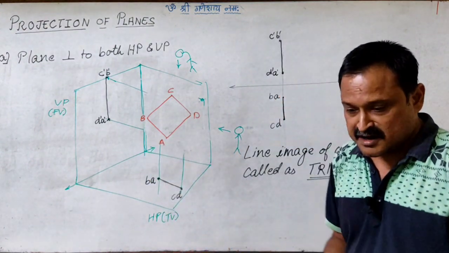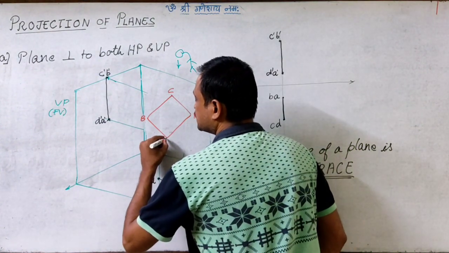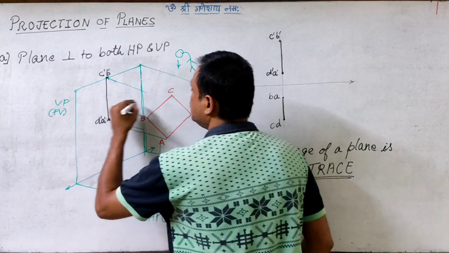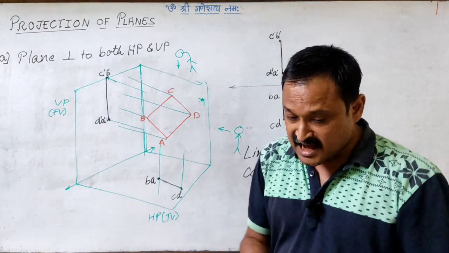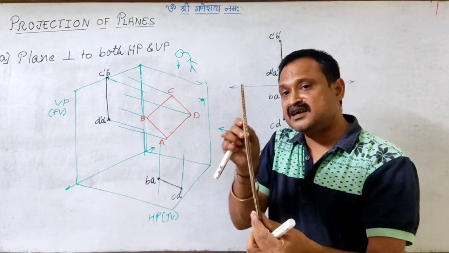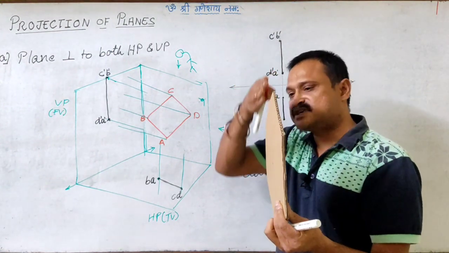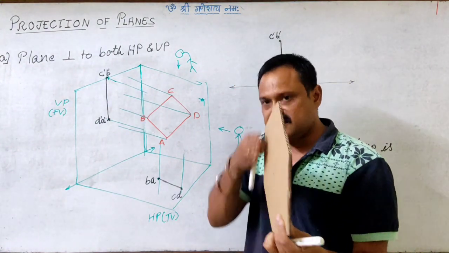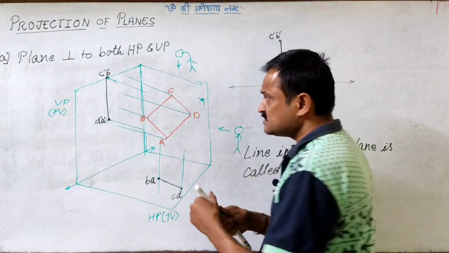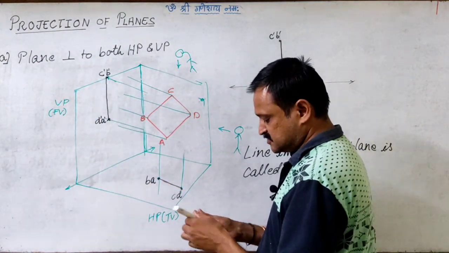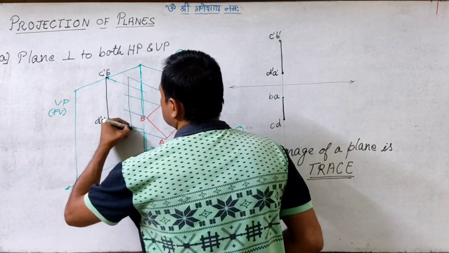When I pass the projectors through all the corners, this is the projector of A, projector of B, projector of C, projector of D. But as you know we have kept the condition to be perpendicular to the vertical plane, that means all these projectors will be lying on the same plane, right? So even though the orientation is changed, we will get the image of this plane to be a line image only.